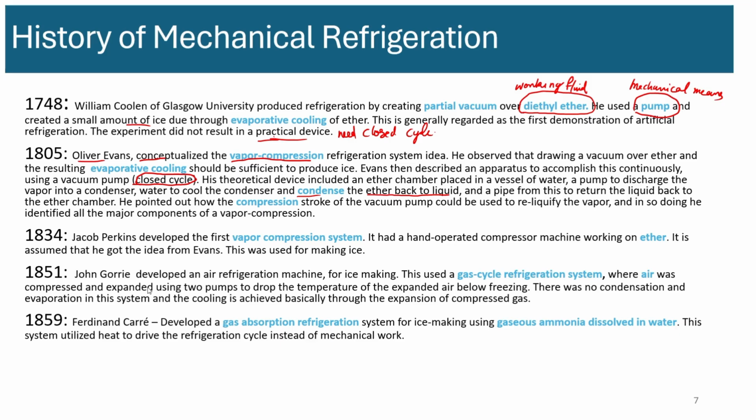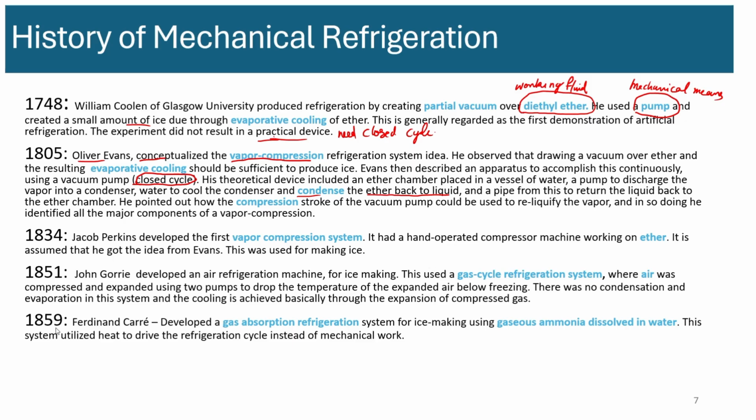In 1851, John Gorey developed an air refrigeration machine. In this case, there is no evaporating effect, right? This is a gas cycle refrigeration where there is no liquid, it's all air. Air was compressed and expanded using two pumps to drop the temperature of the expanded air below freezing.